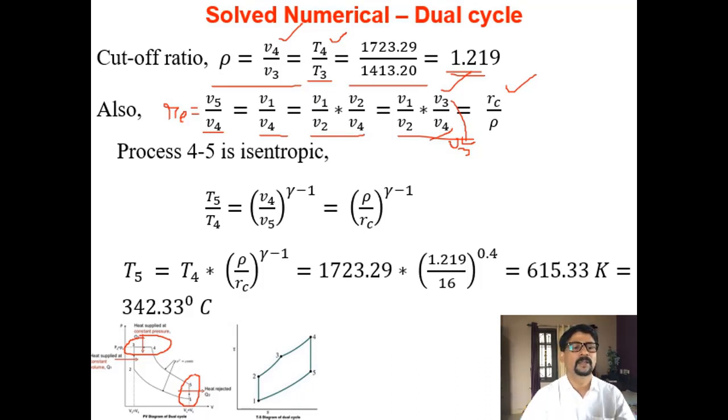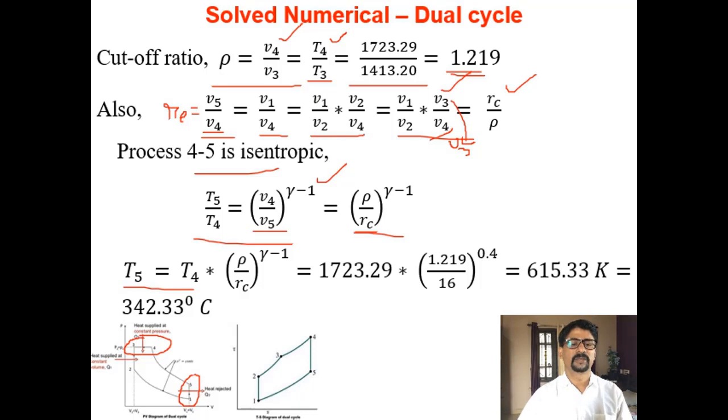Now 4 to 5 is an isentropic process. So T5 by T4 is equal to V4 by V5 to the power gamma minus 1. V5 by V4 is RC by rho, but I want V4 by V5, so it becomes rho by RC to the power gamma minus 1. Therefore T5 is equal to T4 into rho to the power gamma minus 1 divided by RC to the power gamma minus 1.